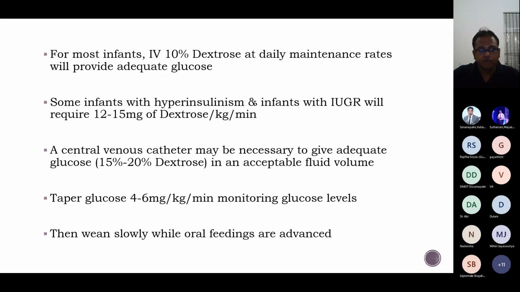So if you're giving higher percentages, you have to use a central catheter like an umbilical venous catheter, and then you can gradually taper it off while monitoring the glucose levels. Then slowly you can wean while increasing the oral feeds.